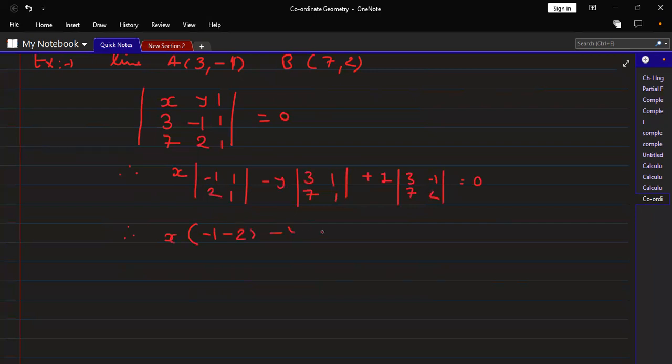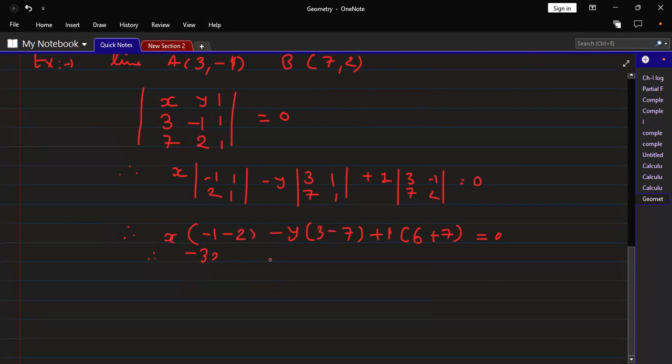Minus y times (3 minus 7), and 3 minus 7 is -4, so this will be plus 4y.